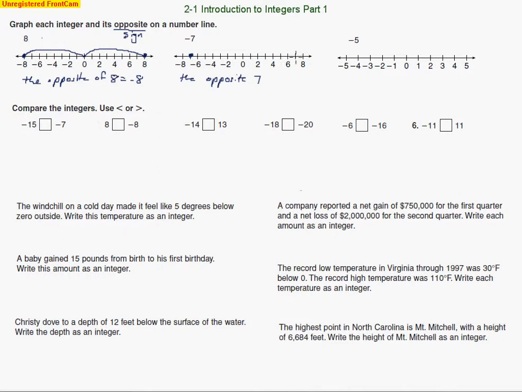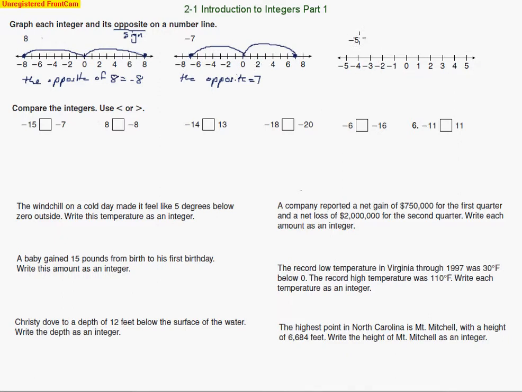I'd go over to positive 7 and put a dot there. When I look at that distance from negative 7 to 0 and from 7 to 0, I see those two distances equal each other. So those are the same distances. All I'm doing is putting dots right at those two points.